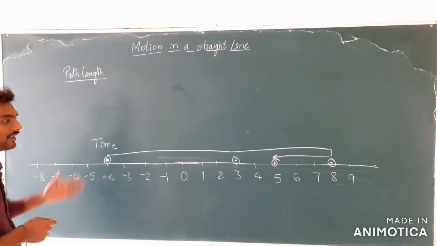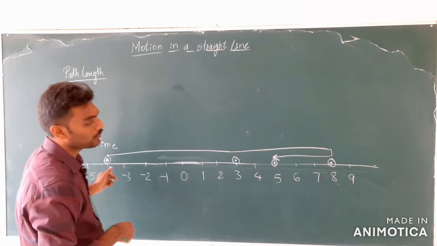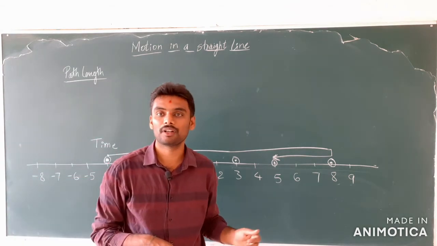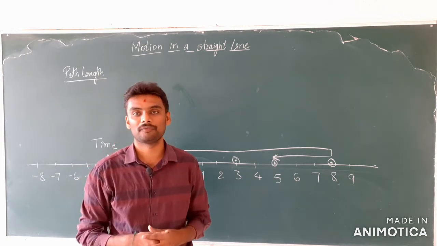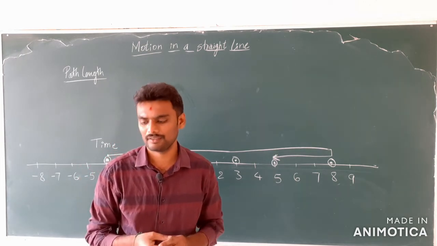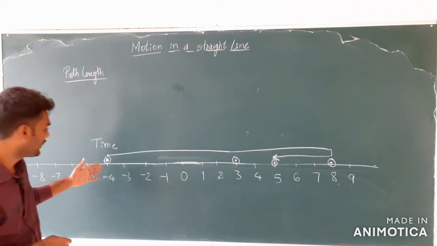So what is path length now? Path length is the total length traveled by the body. Okay, very easy. So let me take the same situation.